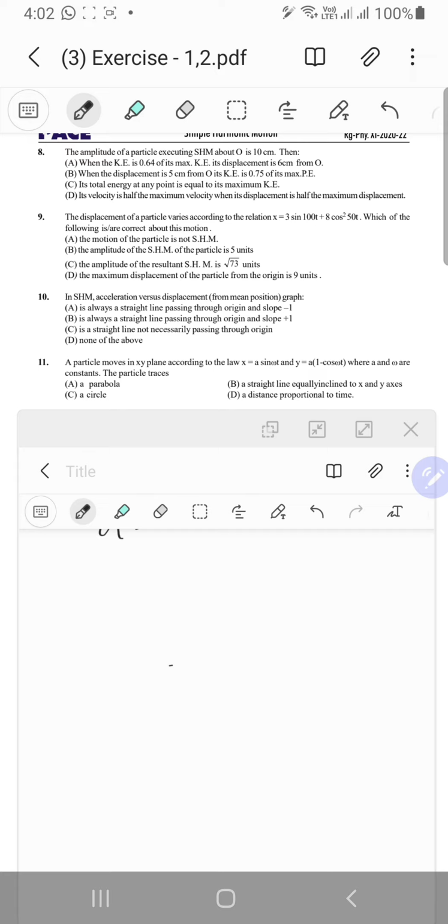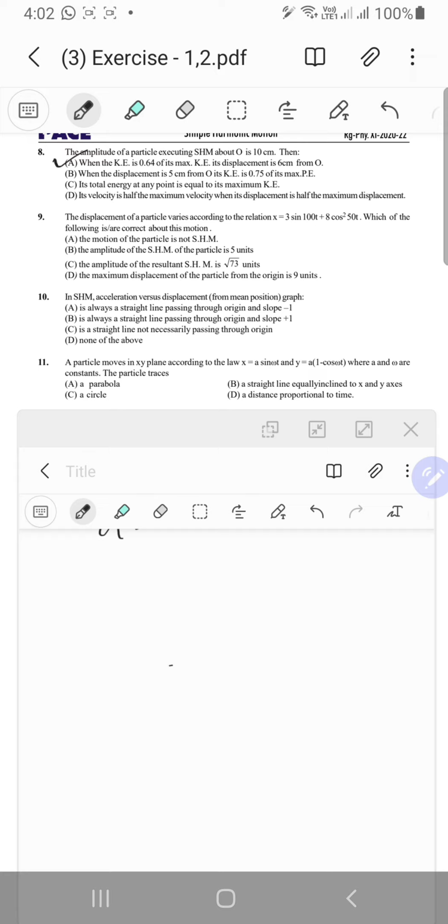So potential energy is 0.36 of the total energy, which means the displacement will be 0.6 times the maximum length, so it is 0.6 A as the displacement, which means it's 6 centimeters from O.